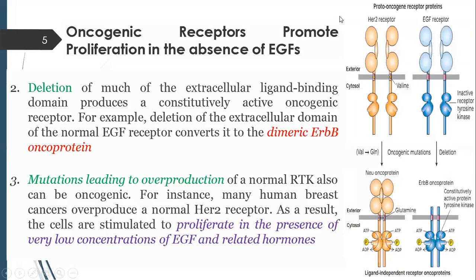So the monomeric ligands bind there, but before binding, they bind with heparin sulfate, that negatively charged polysaccharide, and it provides stability to this association, making the dimerization more stable, and the activation more stable.